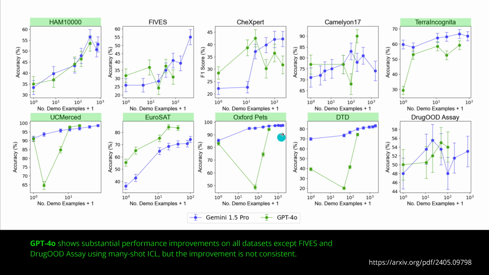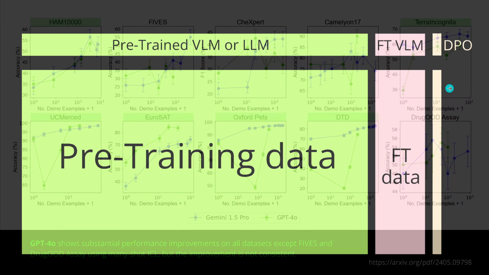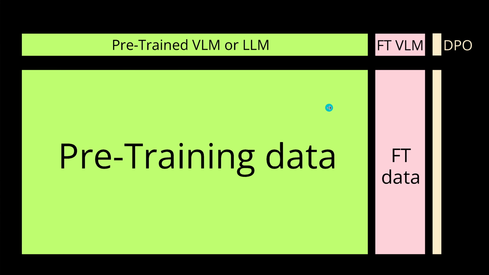Look, we have this multiple times on multiple data sets. And the question is, of course, what's happening here? One simple idea I personally have is to look at the training data. You know, we have the pre-training data, the fine-tuning data, and the DPO alignment data. But if you look at the sheer amount of data, the pre-training data are dominant for the behavior of our LLM. Whatever we do, we have a pre-trained vision language model or a large language model.